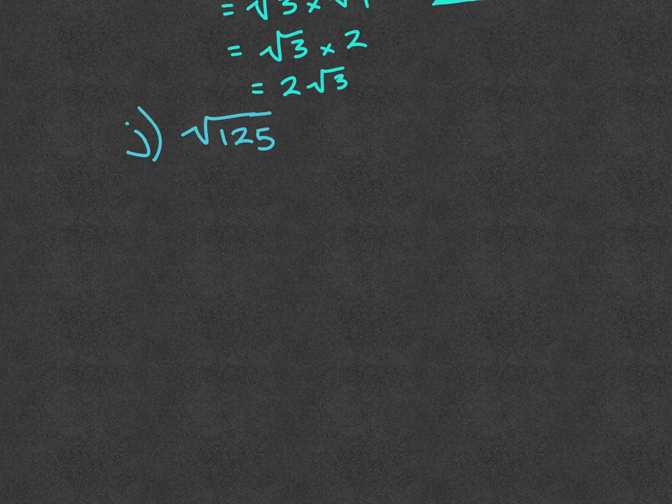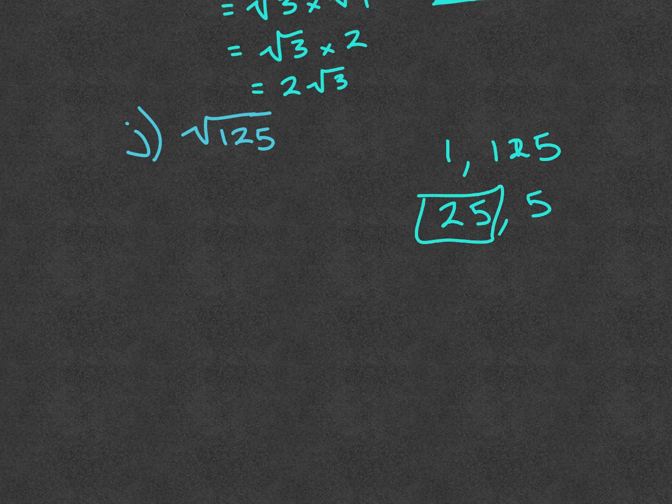Again, similar with this second one here. Square root of 125, we're looking for all the factors of 125. There's not going to be too many factors. We've got 1 and 125. We can also have 25 and 5. And straight away here, I've seen my perfect square already. So we've got 25 as our perfect square.